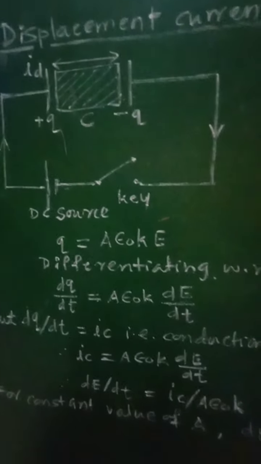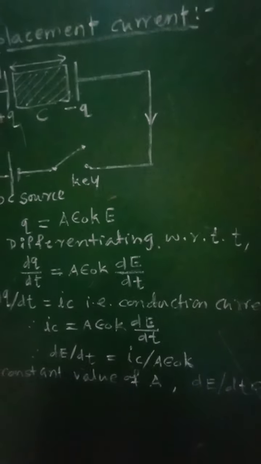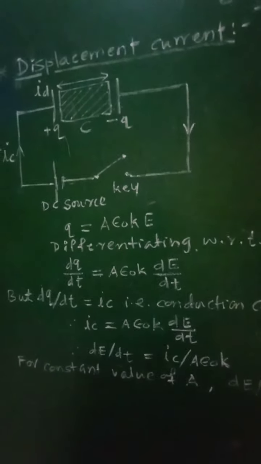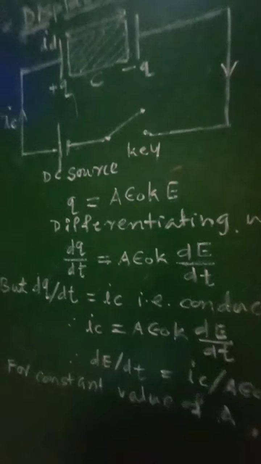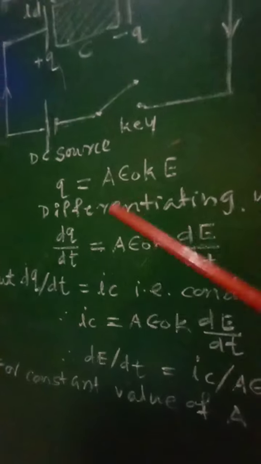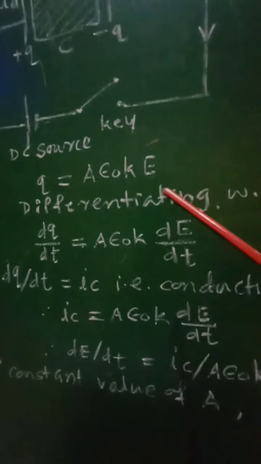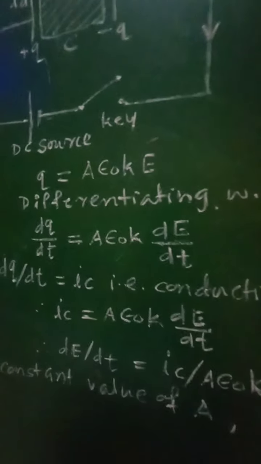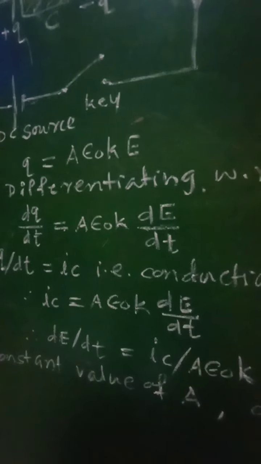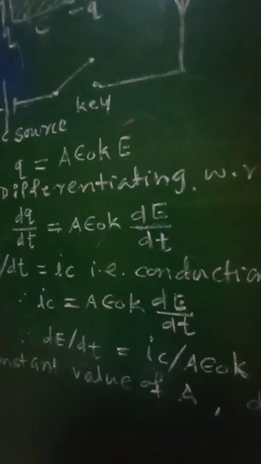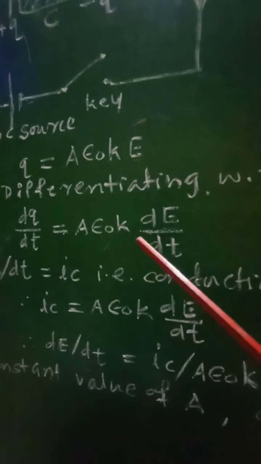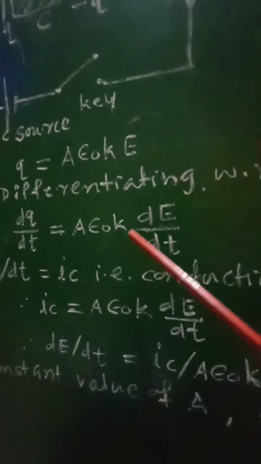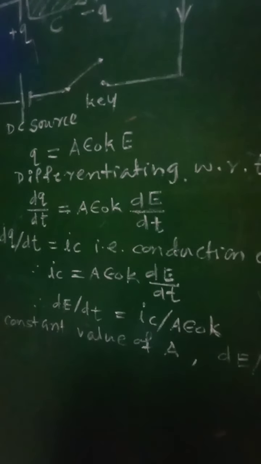Now let us differentiate this equation with respect to time. We get dq by dt equal to, now here A, epsilon 0 and K are constant and only E will be variable, and therefore differentiating we get A epsilon 0 K into dE by dt.